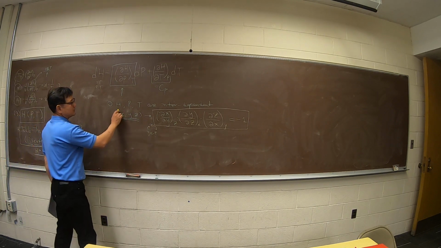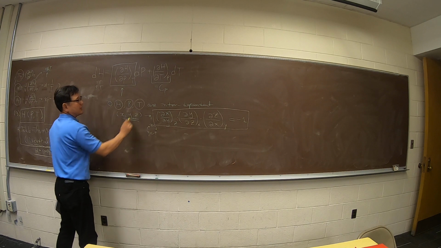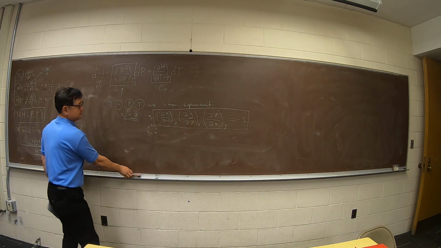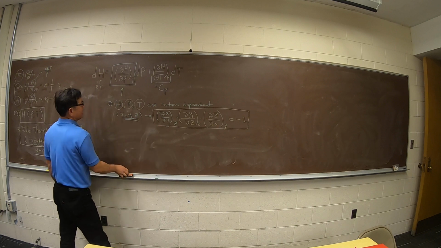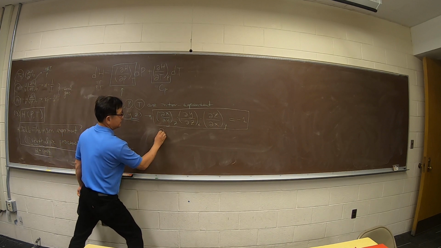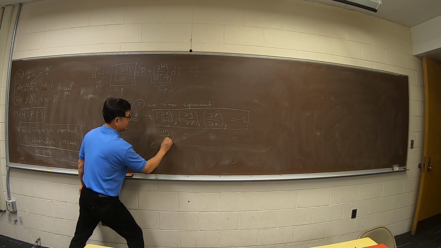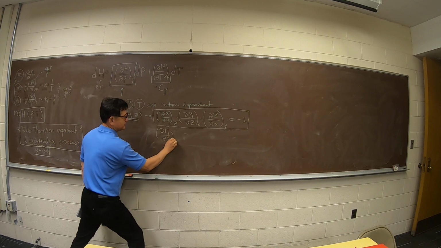So now we have an opportunity to rewrite that equation into this form. Let's just do that. Okay, so change in H, change in P. I'm just saying they are all related to each other.